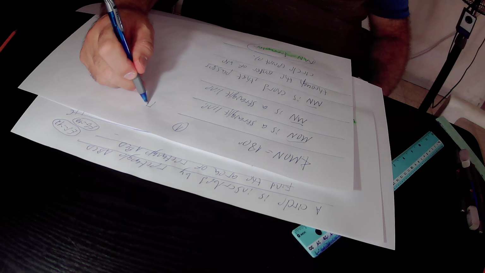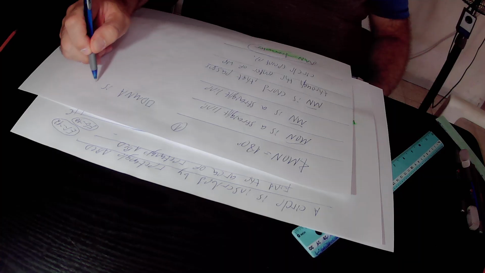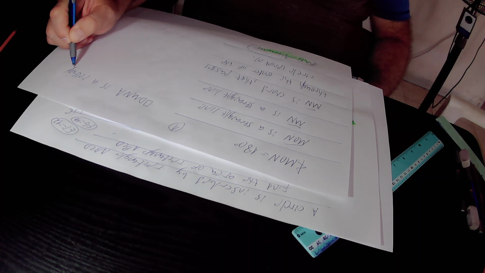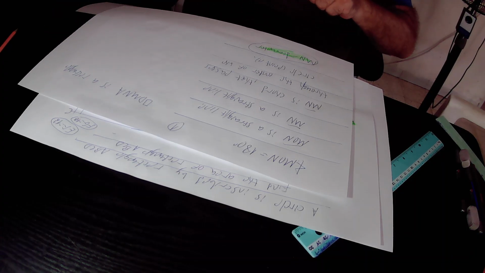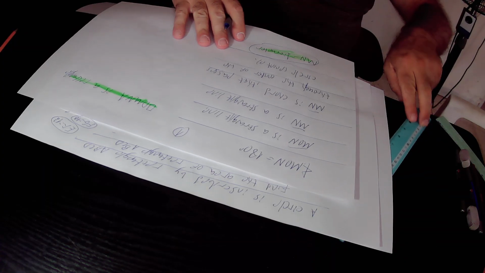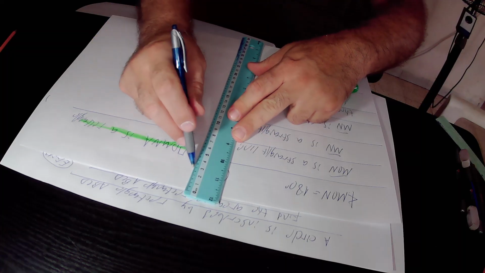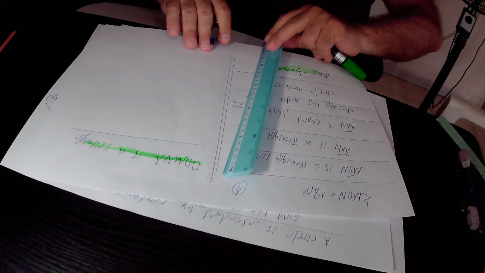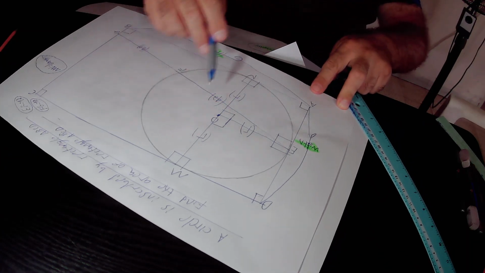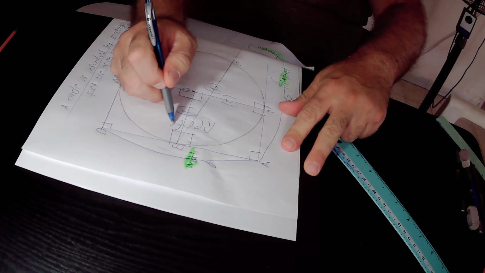So quadrilateral DMNA is a rectangle because it has 4 right angles. So write it down. The big quadrilateral DMNA is a rectangle.